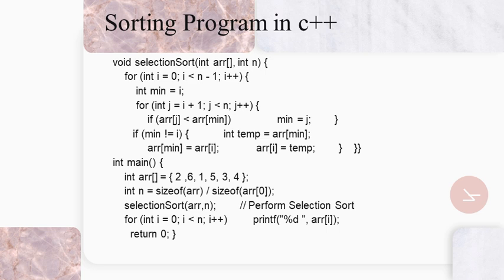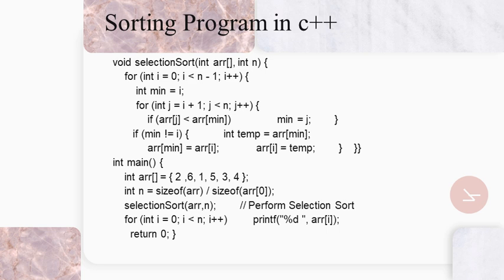In the function, we are reading the array values one by one, and we are going to store the smallest element from the first index, and finally at the end of this execution we'll get a sorted array. You can see in the selection sort, first we have a for loop.